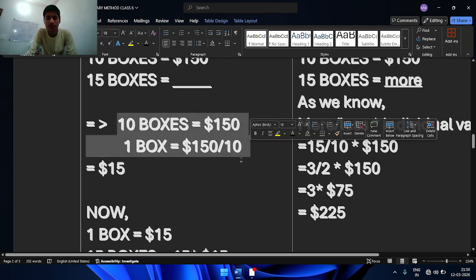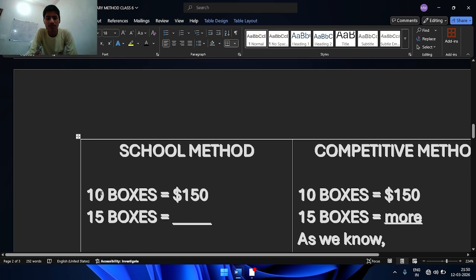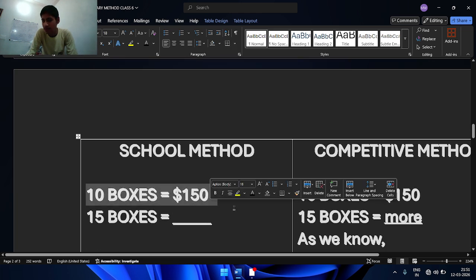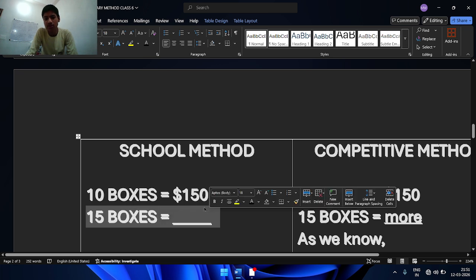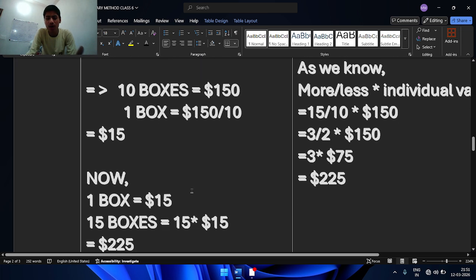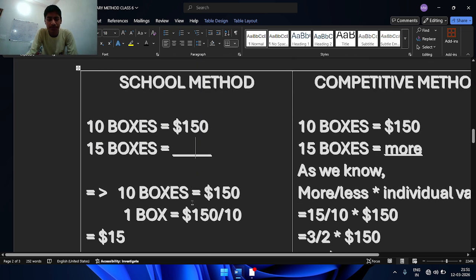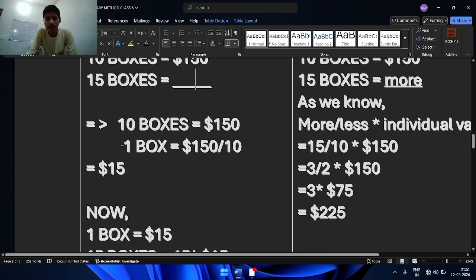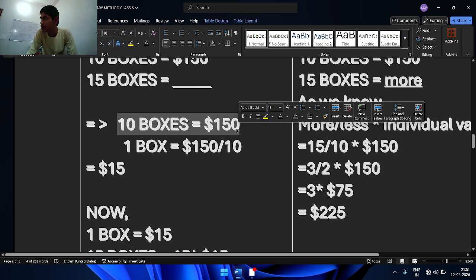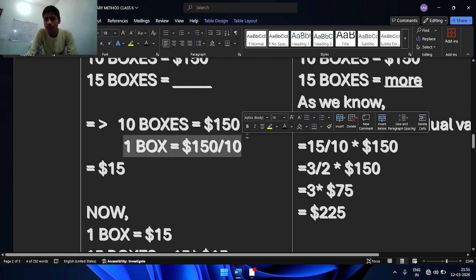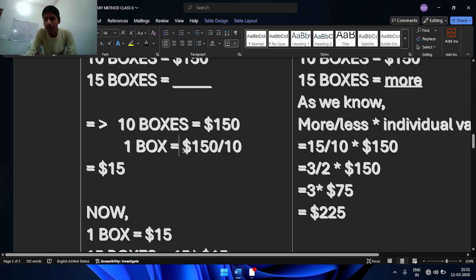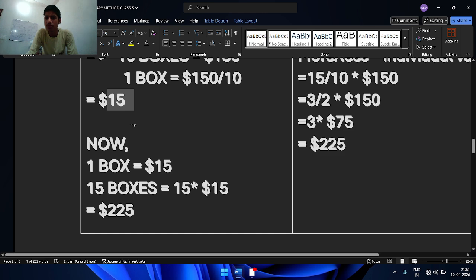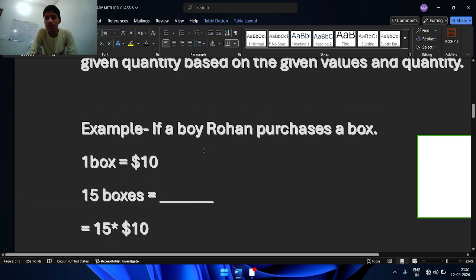We are doing almost the same question: 10 boxes equal $150, and 15 boxes equal how many? How does your school teacher tell you? For 10 boxes you are given $150, so you will find the cost of one box, so it will be $150 divided by 10.